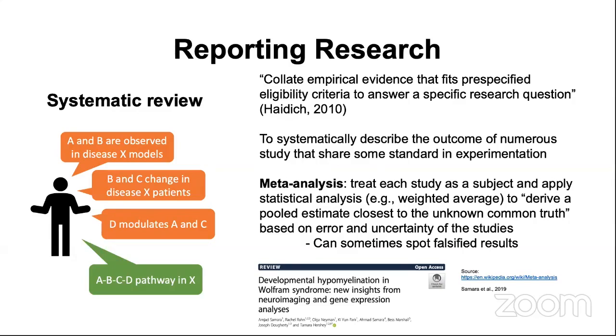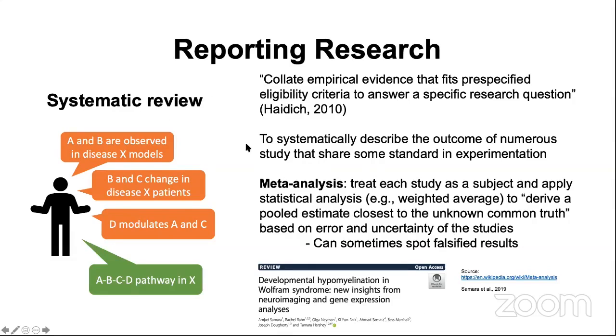Because that paper looks like an outlier, you will start to question: did something go wrong in that paper? Should I believe the results of that paper? So meta-analysis has been used to spot fraud in science.